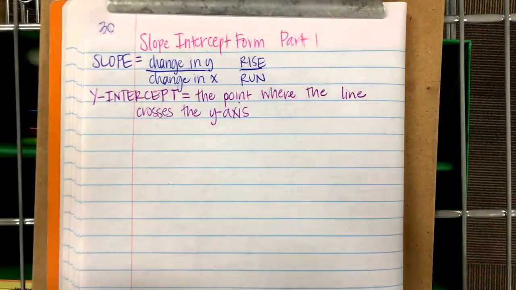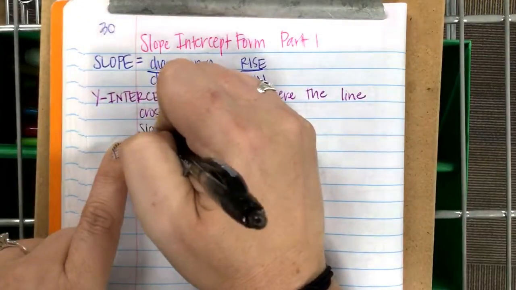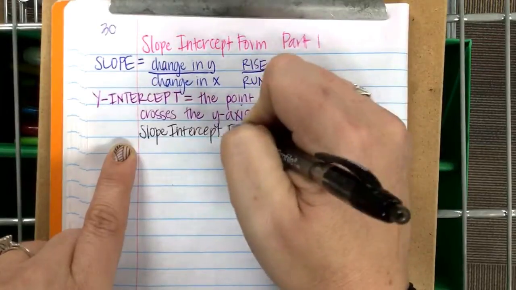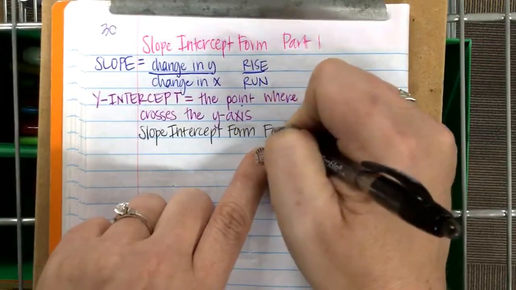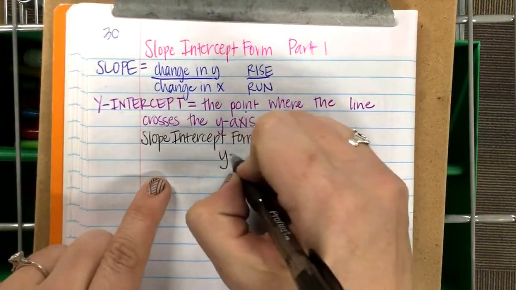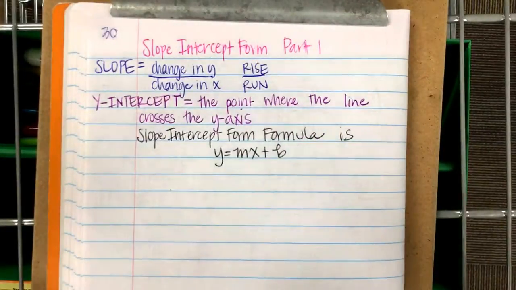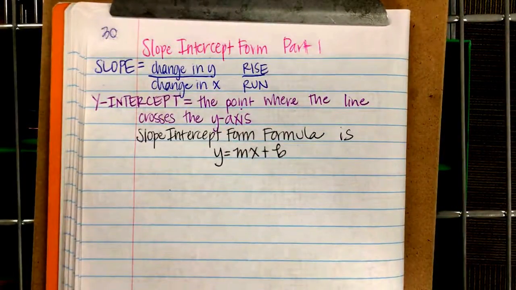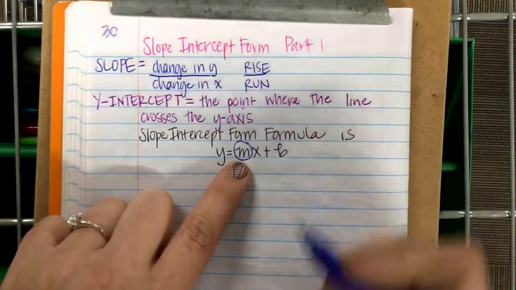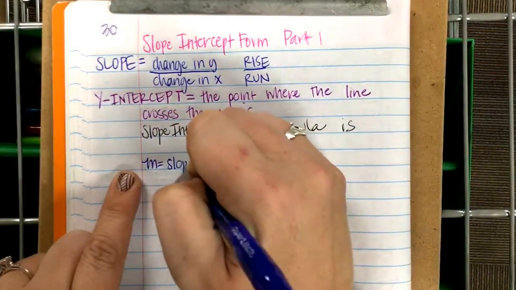So there is this equation that we're going to be dealing with. It's called slope-intercept form. The slope-intercept form formula is y equals mx plus b, where m, whatever is the coefficient of x, is the slope.